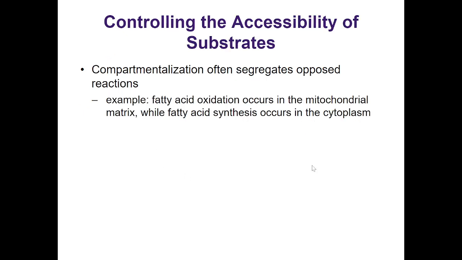Anyways, compartmentalization is also going to often segregate opposed reactions. Some of the examples of that is fatty acid oxidation. This is going to occur in the mitochondrial matrix, while fatty acid synthesis occurs in the cytoplasm. Why would you want to segregate these things? Okay, let's imagine a human that's just one giant compartment, okay?